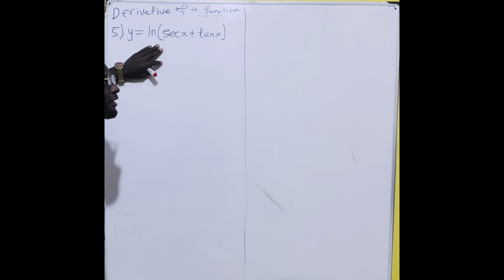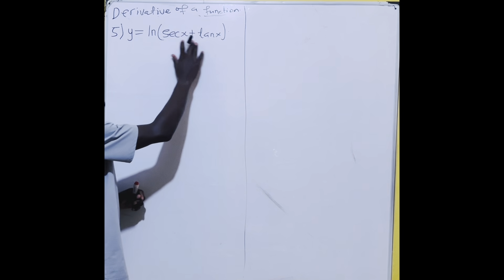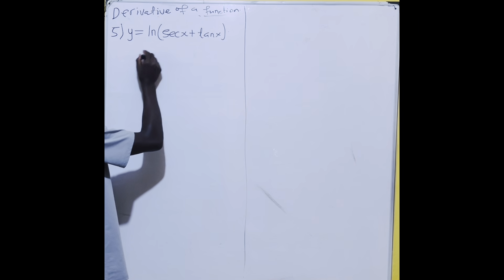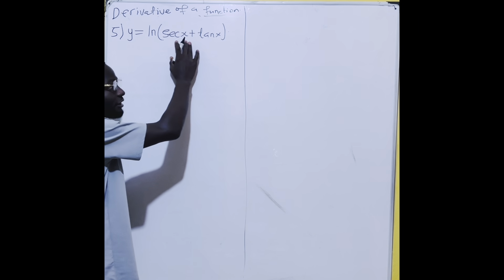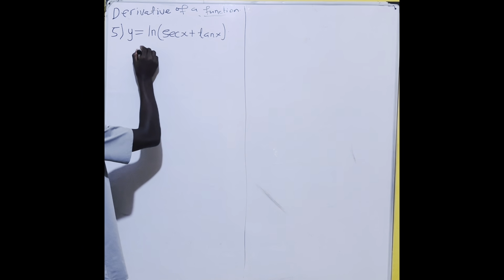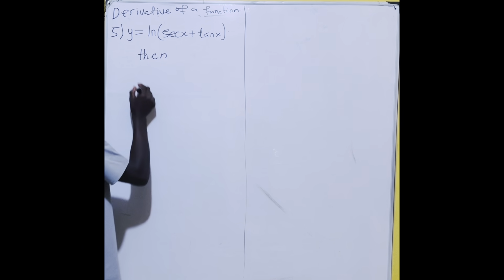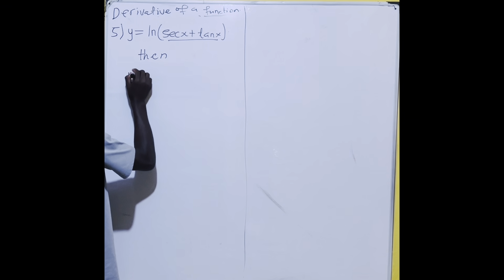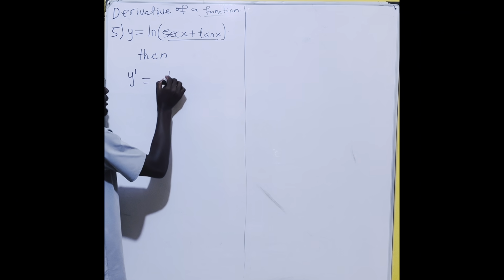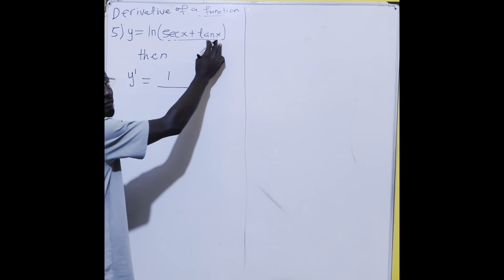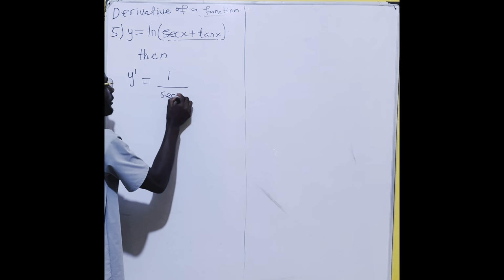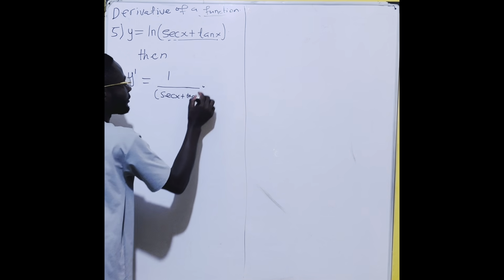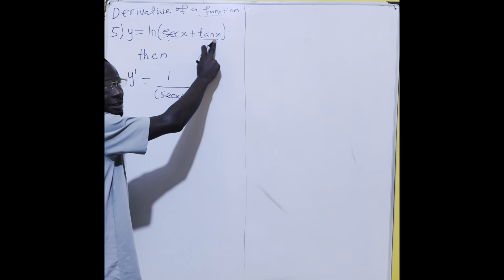Okay, so with question number 5, we want to find the derivative of this particular function. So as usual, if you want to find the derivative of a function inside the ln function, first take 1 over the function inside the ln function. So we have y prime equals 1 over sec x plus tan x, times the derivative of the function inside the ln function.